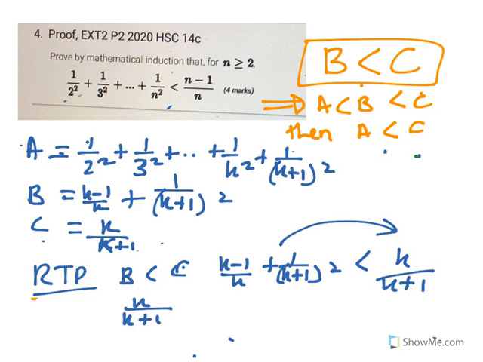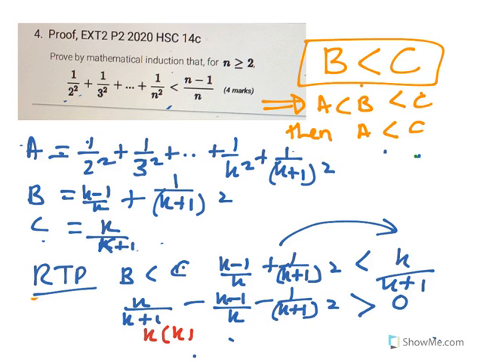So k on k plus 1 minus k minus 1 on k minus 1 on k plus 1 squared. Now we're proving that that is greater than 0. So let's get a common denominator, which is k plus 1 squared. And then we notice that here we need to multiply by k plus 1. This one we need to multiply by k plus 1 squared. And this one here just by k.